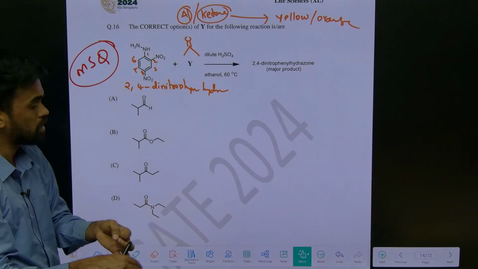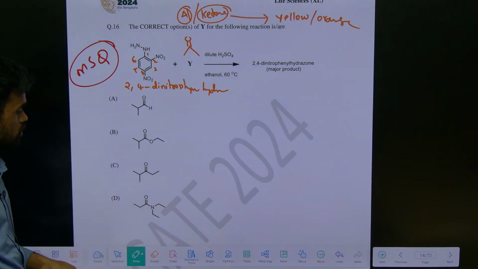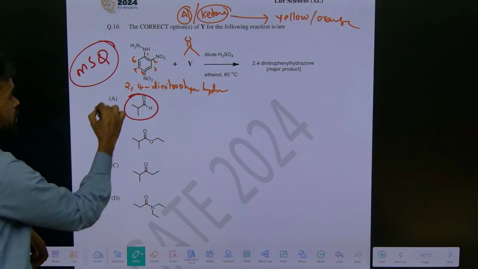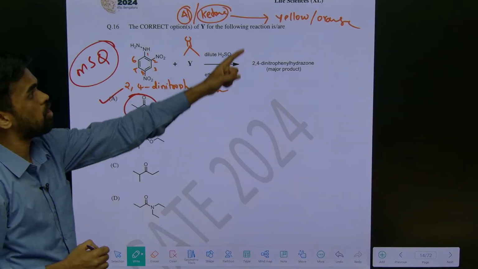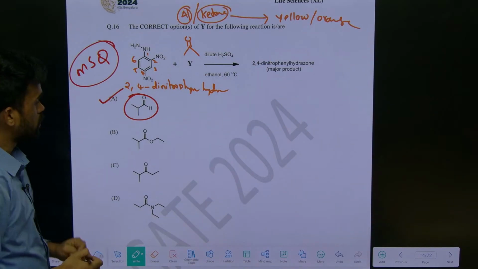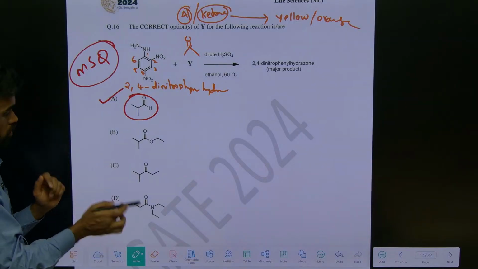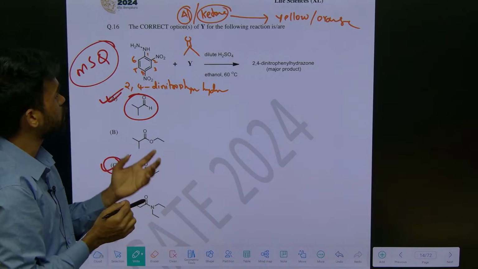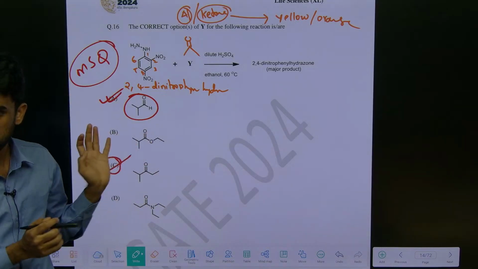Only those will react. What about the first option? Aldehyde. Yes, this will react and give you a yellow-orange hydrazone. And this is an ester, no. C is a ketone. Very easy. You just need to be aware of the reactions.